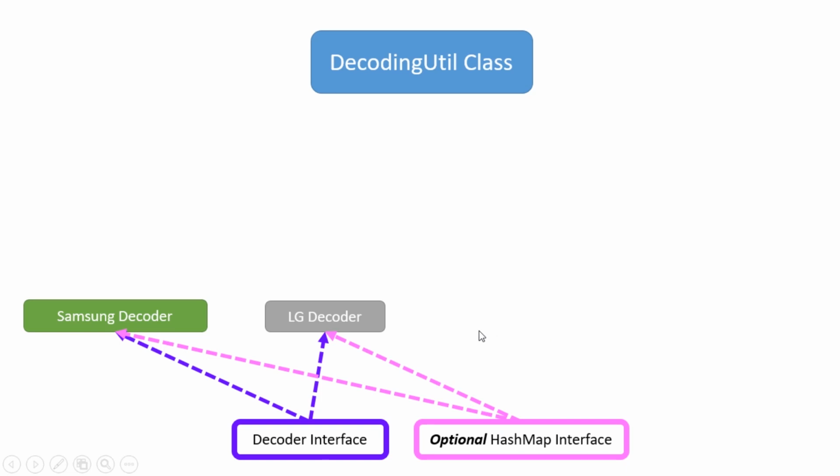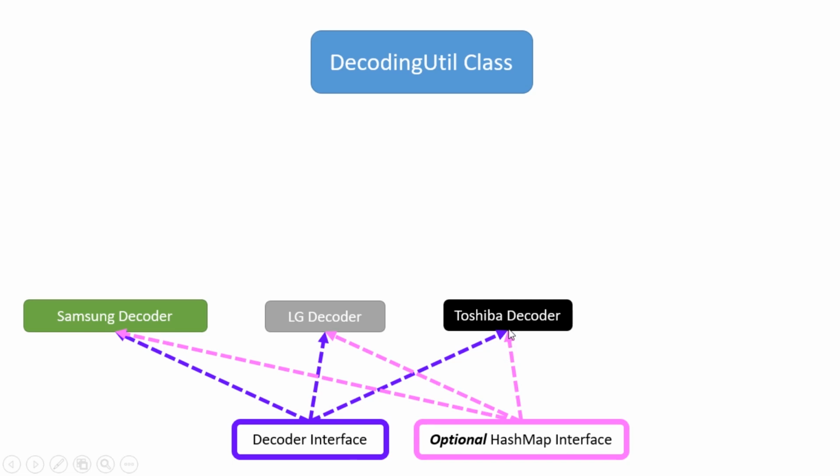If we want to add another one, like Toshiba, it will apply whatever is required. If we don't want to implement the interface for country or type or whatever, we can simply remove it and ignore it. But for the sake of this example, I will implement both of them.